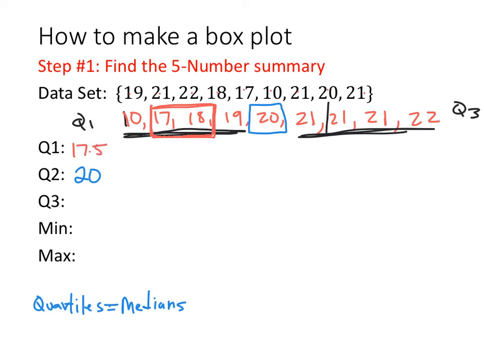Now the other side, we have 21 and 21 is the middle there. That's going to be Q3, which is 21. Our minimum value is pretty straightforward, being 10, and our maximum is 22. So the whole idea is that I'm finding Q2 first, and then I'm finding Q1 and Q3 by finding the median of the upper half and the median of the lower half of my data.